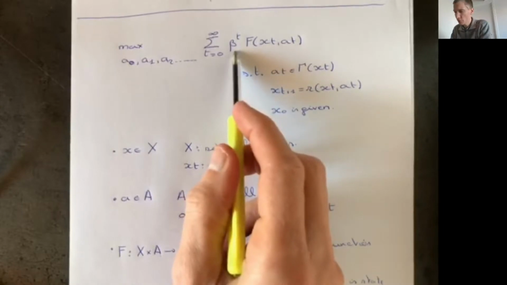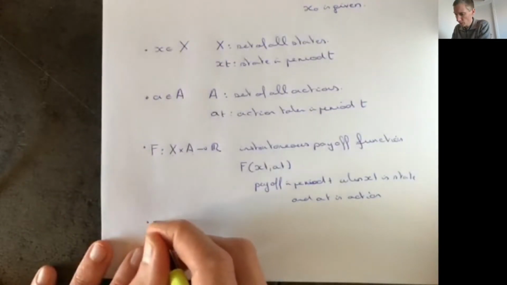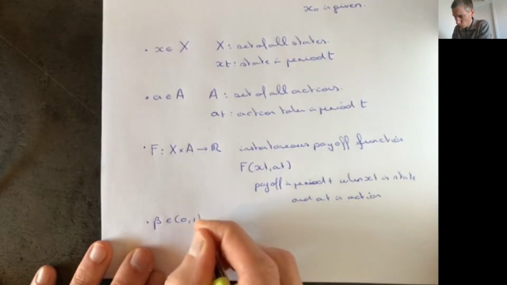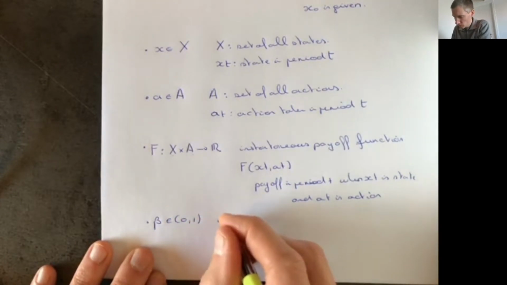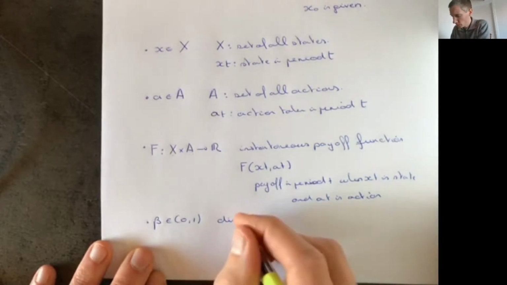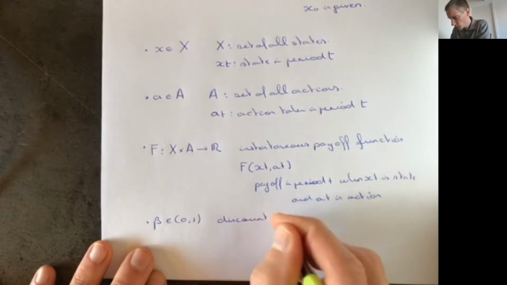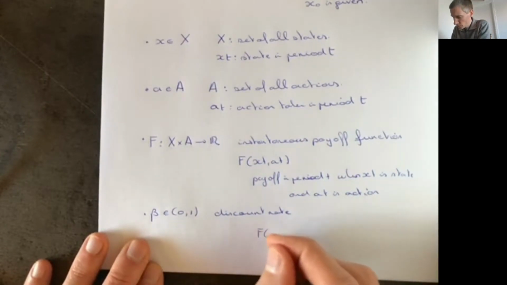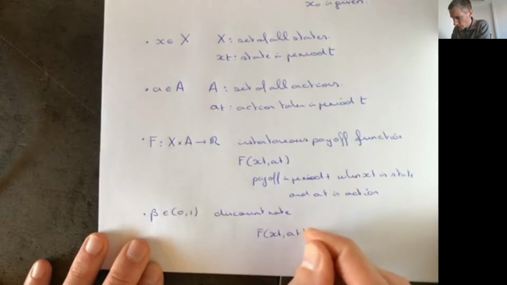Okay, here in the objective function you also have a beta, and beta is going to be a number between 0 and 1. Maybe you already know it, this is the discount rate. So in period t this is the payoff that you have, right?